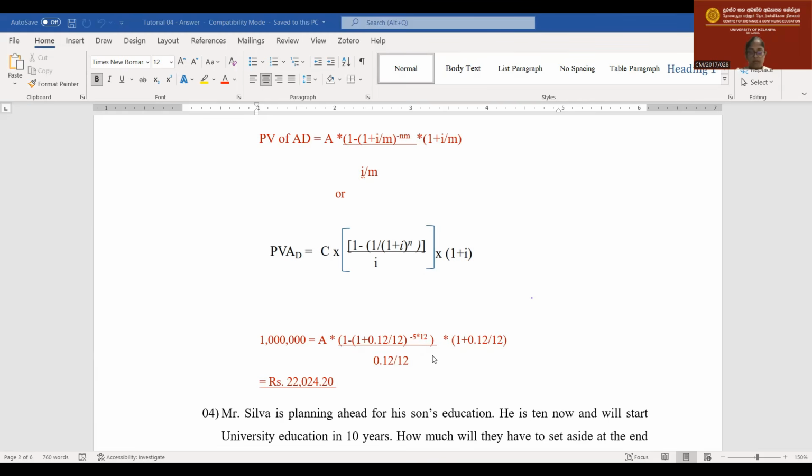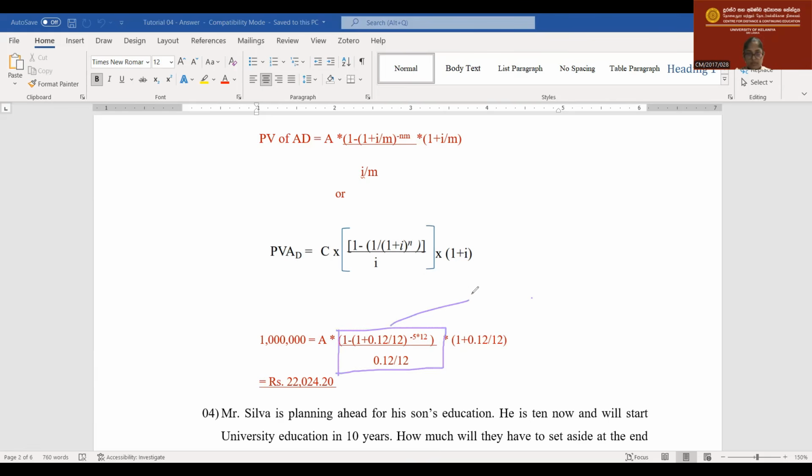And then you have to multiply that, and then you can obtain the answer as 1 million divided by, yes, this is the answer. Okay, don't worry, I will be showing the relevant stuff for your reference.